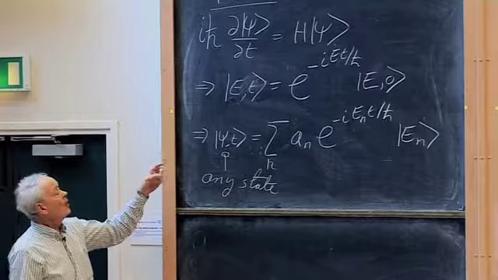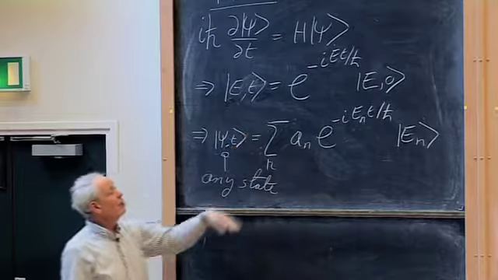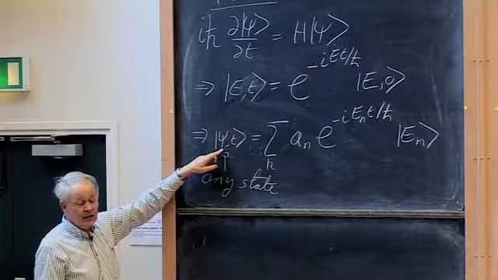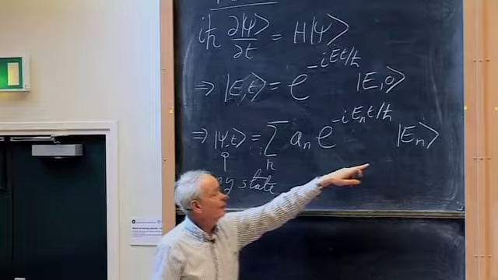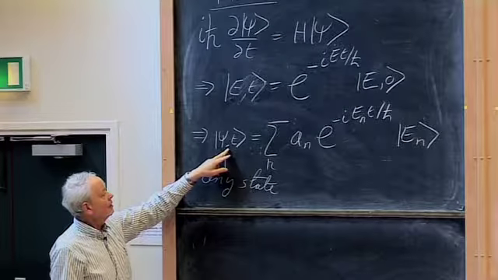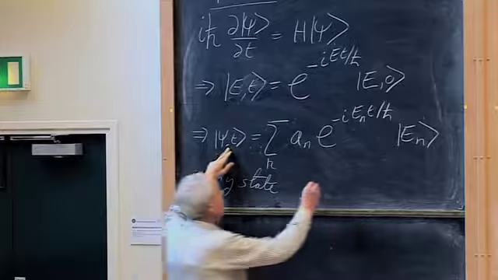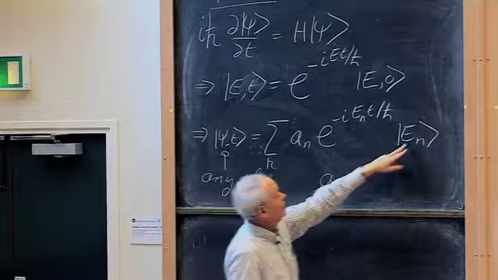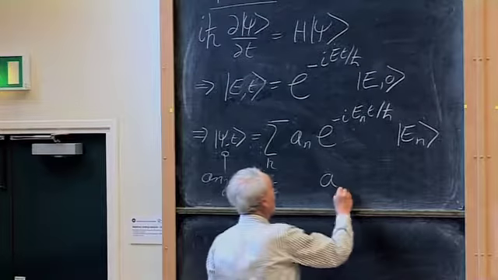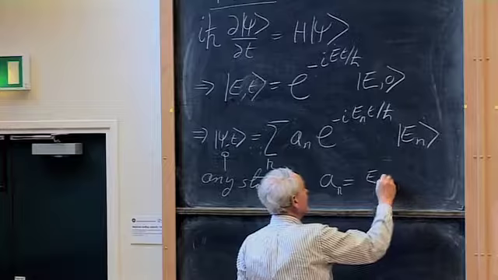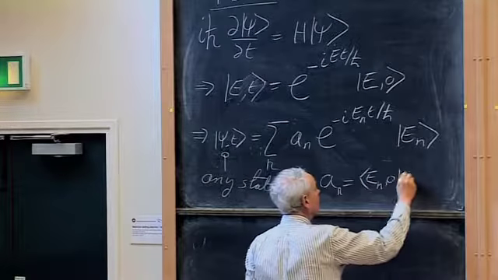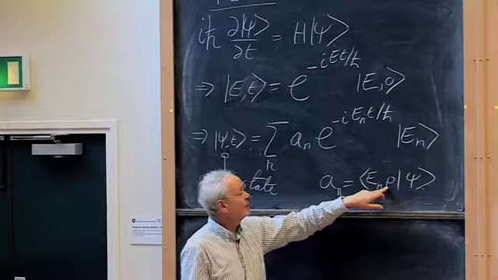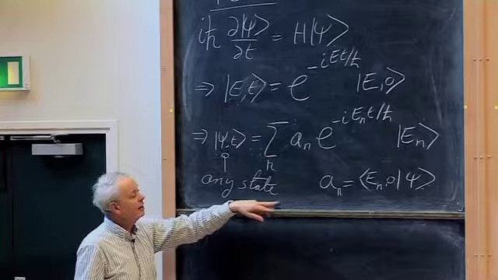And we went on from that result to show that the solution to this equation for any state psi takes this form, that the state of the system at an arbitrary time is this sum over the states of well-determined energy, where a_n, as ever, is <E_n|psi> evaluated at t equals 0, or indeed at any time at your convenience.